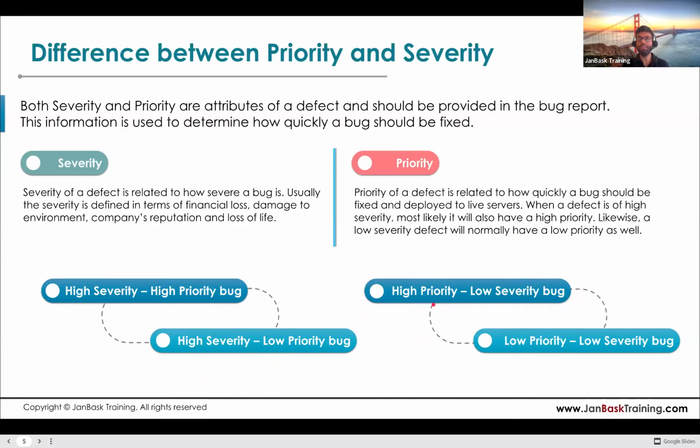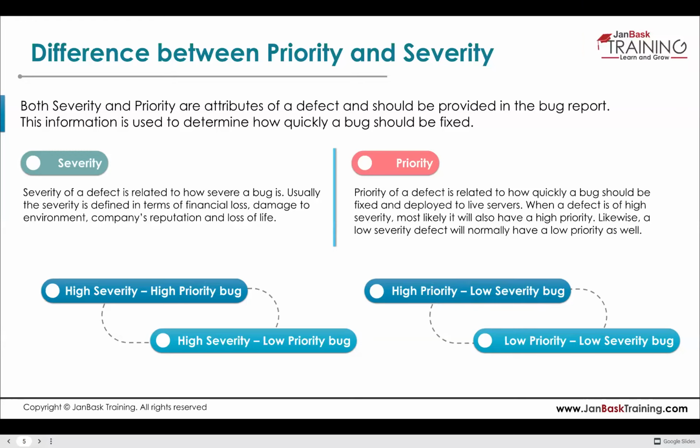So what is a high priority low severity bug? High priority means the developer has to fix that bug as soon as possible. Low severity means although the developer has to fix that bug as soon as possible, the bug is not affecting the functionality of the system on a very high level, right?